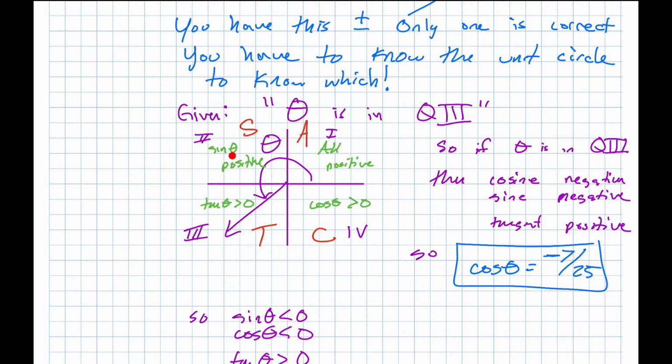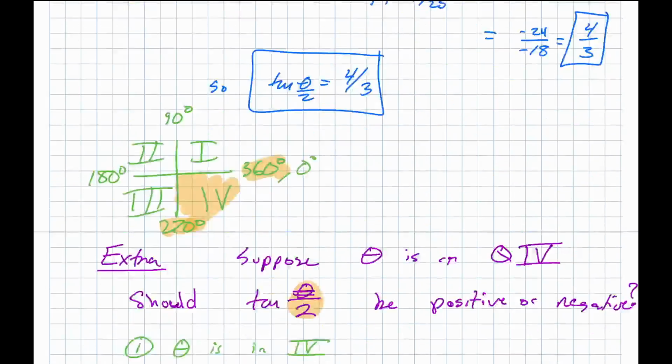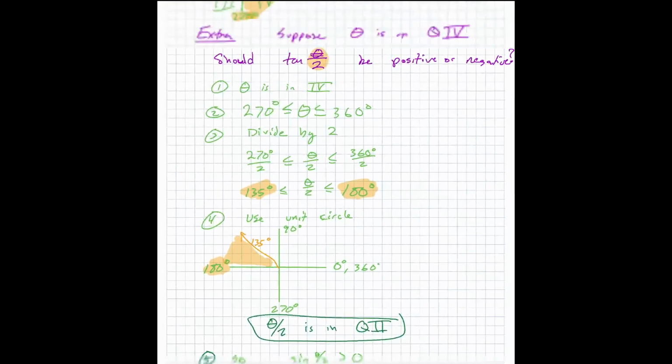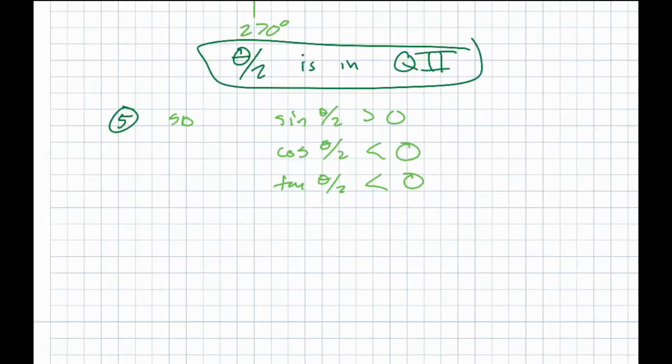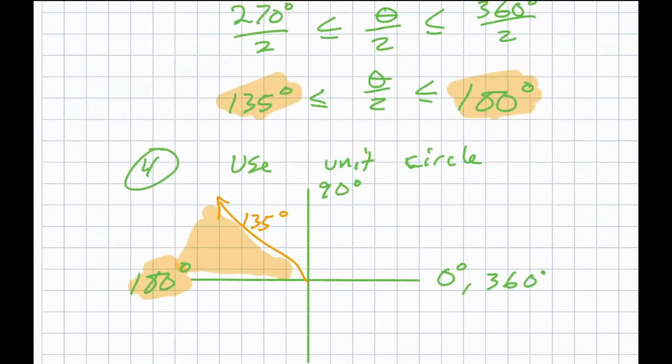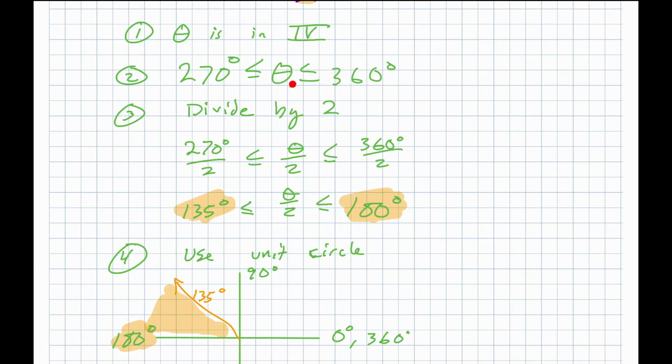Quadrant 2, sine's positive, but the others are negative. So that's how you go about that when you have to figure out whether one of these is positive or negative. You've got to go from where theta is, divide by 2 to get where theta over 2 is, and then figure out where that is. Okay, so I think that's it. So I'm going to stop this here and upload this for you guys.